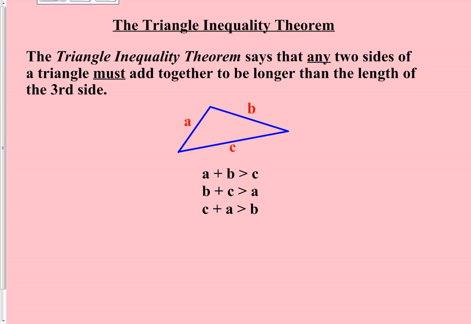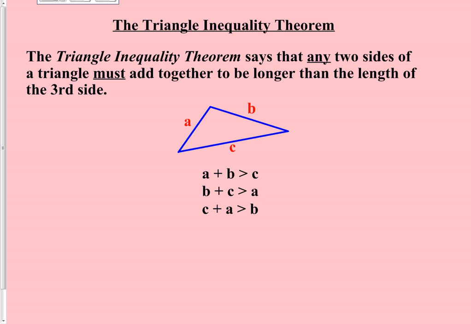Side A must add together with side B to be greater than side C. Side B must add together with side C in order to be greater than side A, and side A must add together with side C to be greater than side B. All three of those have to be true in order for a triangle to actually be a triangle.